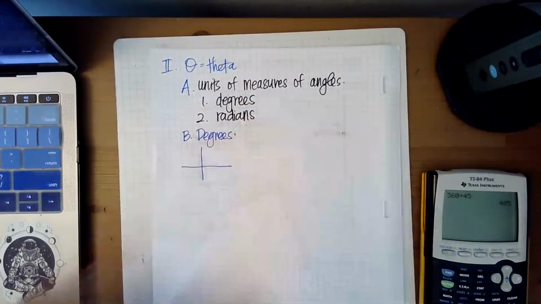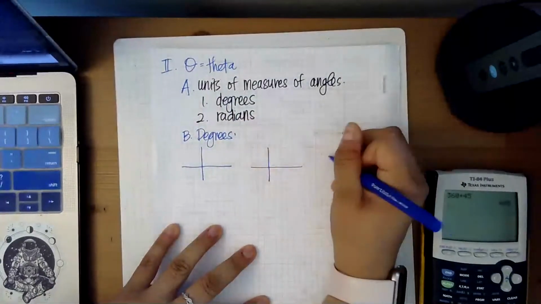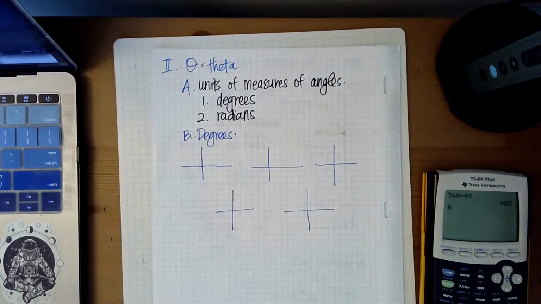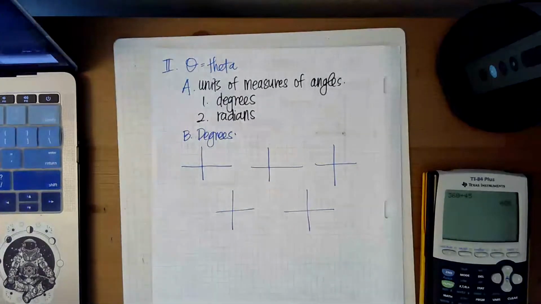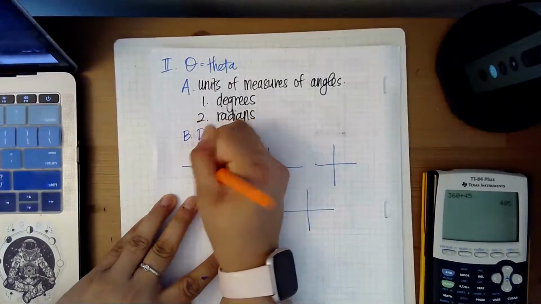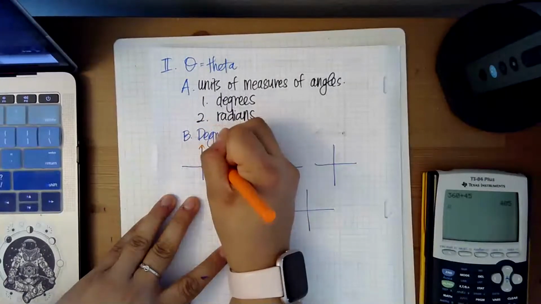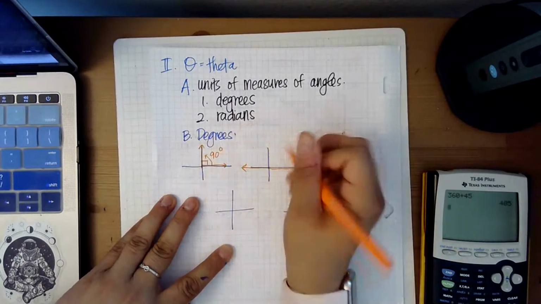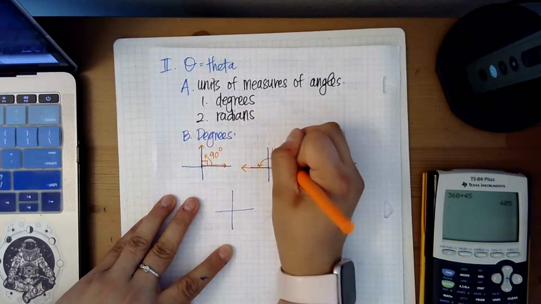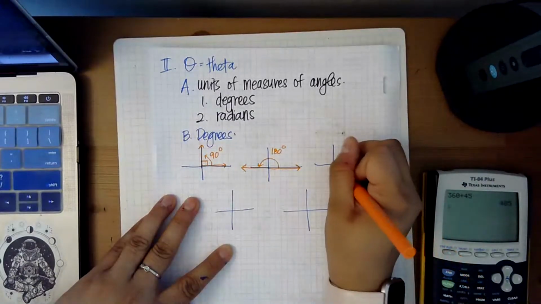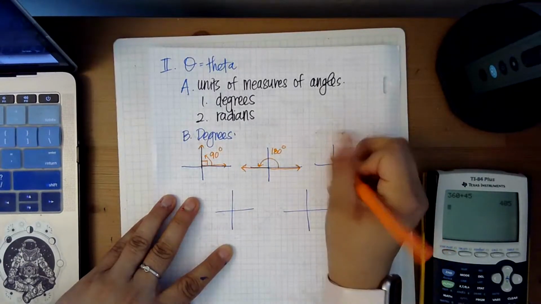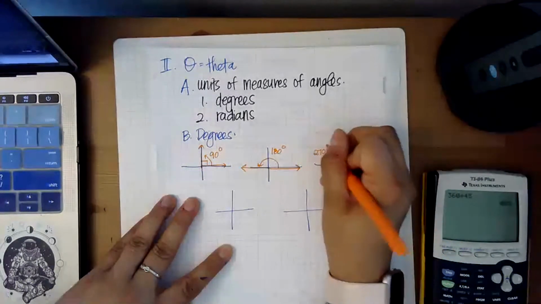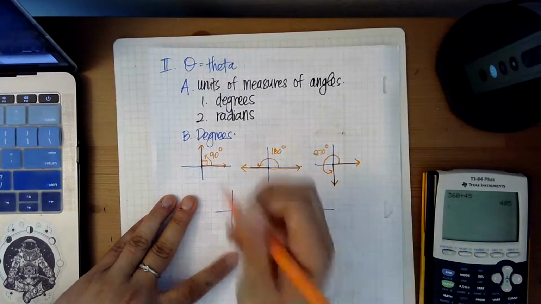Again, I'm going to do a couple of graphs to showcase degrees. We recognize that degrees is something we already know. This is 90 degrees. This here is 180 degrees. If I go like this, this is 90 plus 90 plus 90, which gives me 270 degrees, right?